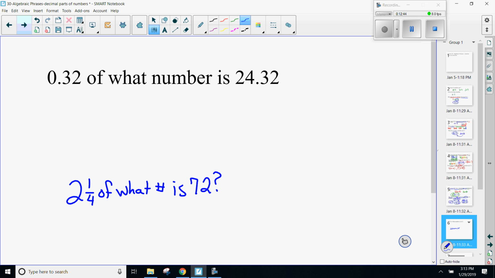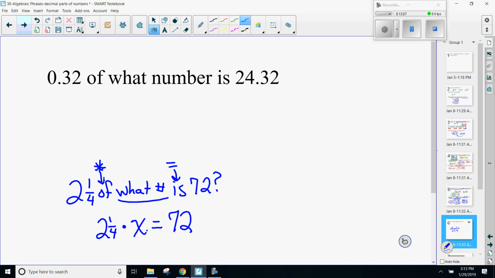Does that sound familiar? Yeah. So we said 2 1/4. The word of means what? This means multiply. So you have of what number? How do you represent what number? x. What does the word is mean? Equals. So it is 72.